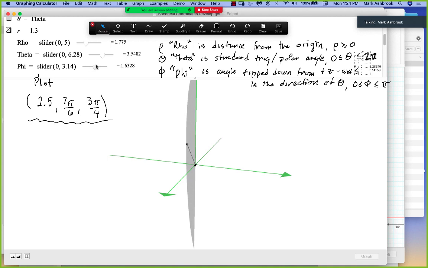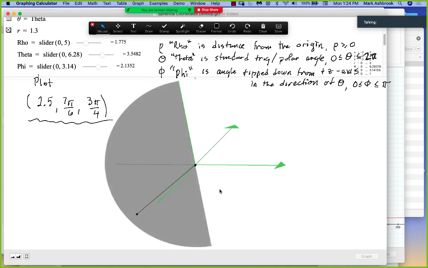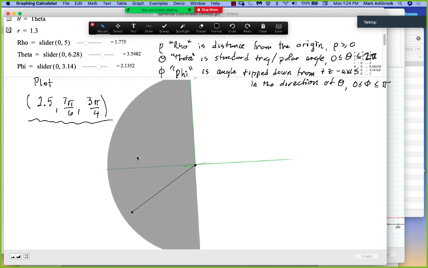It's going to split the horizontal plane and the z-axis in half, 3 pi over 4. A little bit further, maybe. Yeah.